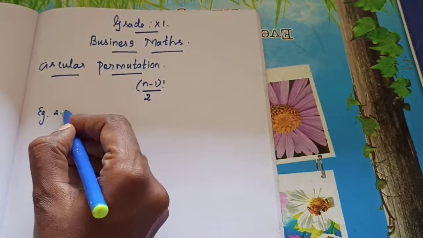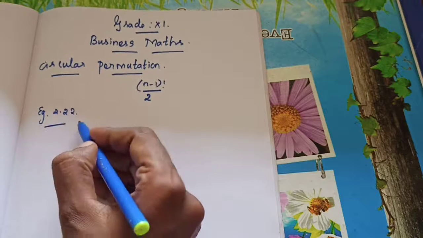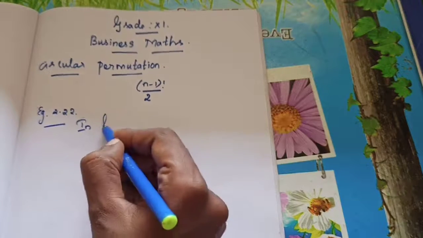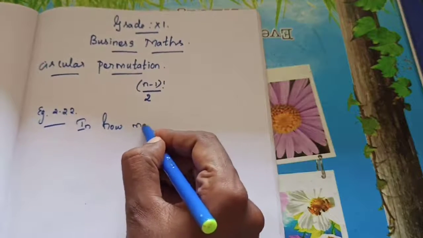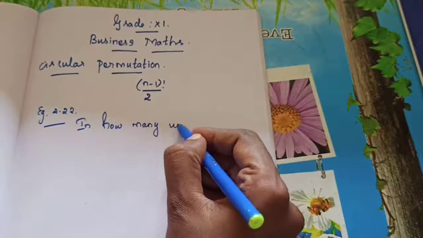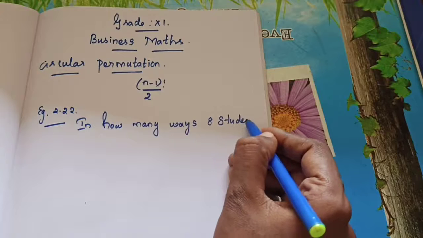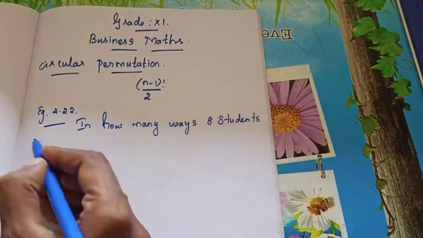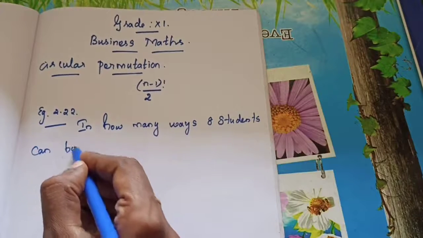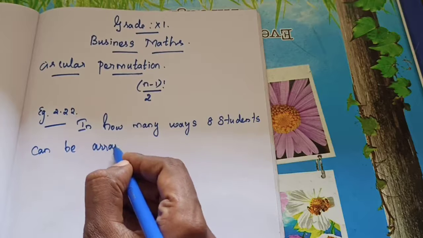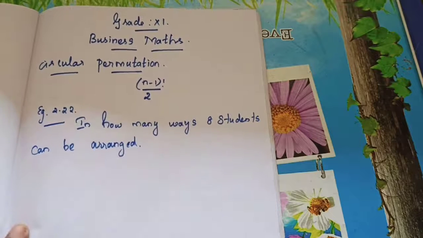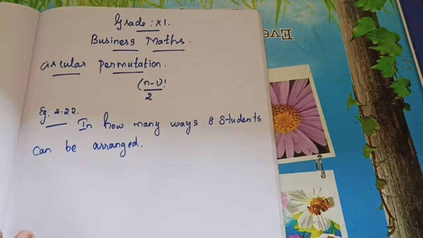Example 2.22. In how many ways can 8 students be arranged?